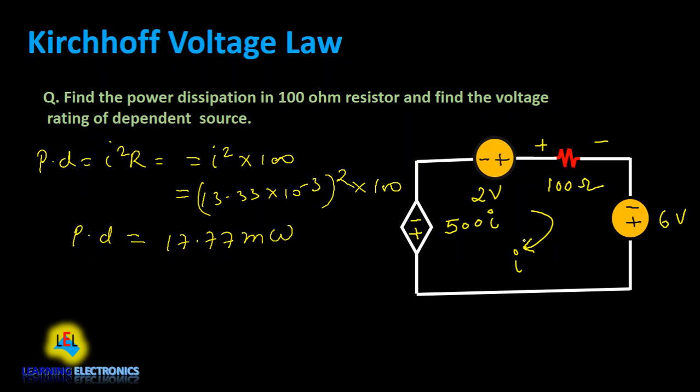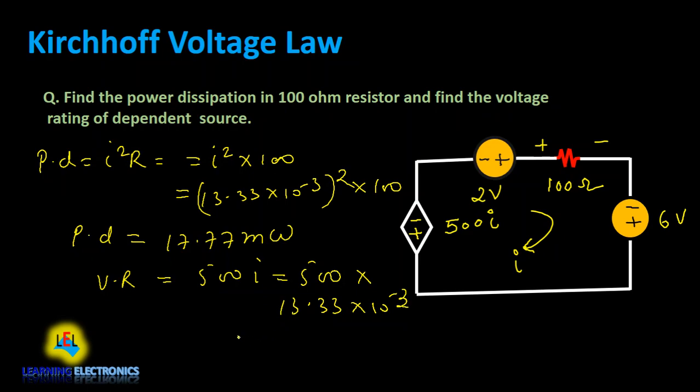Now we find the voltage rating of the dependent source. The voltage rating of this dependent source is equal to 500 I, which is equal to 500 into 13.33 into 10 to the power minus 3.